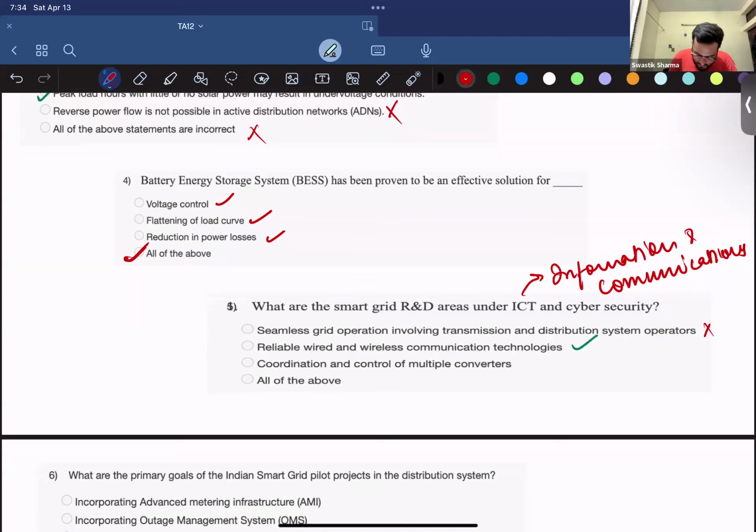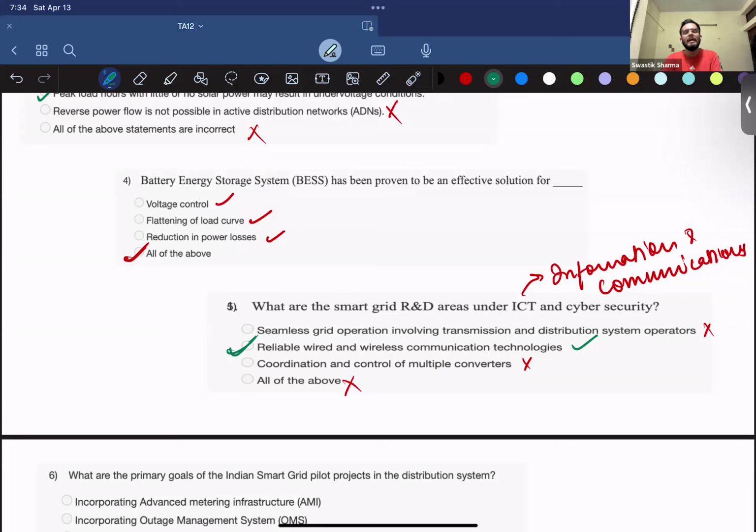And coordination and control of multiple converters, this doesn't. So all of the above is the wrong answer, no? ICT only covers the communication part and the cybersecurity part. It is not concerned with how multiple converters are controlled, or how distribution system operators and transmission system operators are involved.